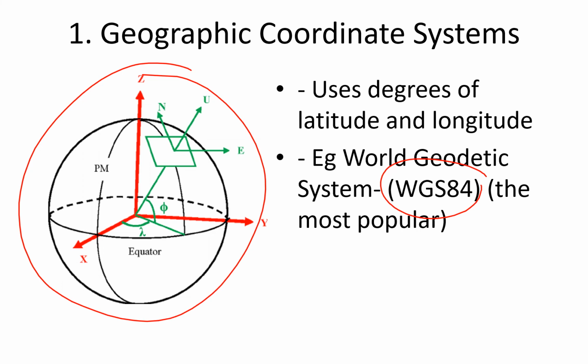Every location on the Earth's surface is given in terms of the degree of latitude, meaning the angle that is subtended to the y axis, but also the longitude.